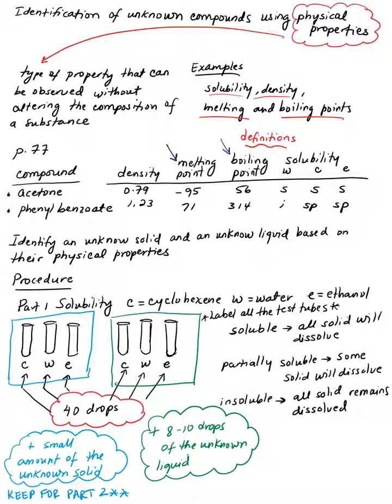So for your liquid here, acetone, that boiling point is 56, which means that your acetone, which is a liquid at room temperature based on your melting point, will remain as a liquid until it's heated up all the way to 56. That's your boiling point for acetone, and at that point your acetone will be converted to a vapor.